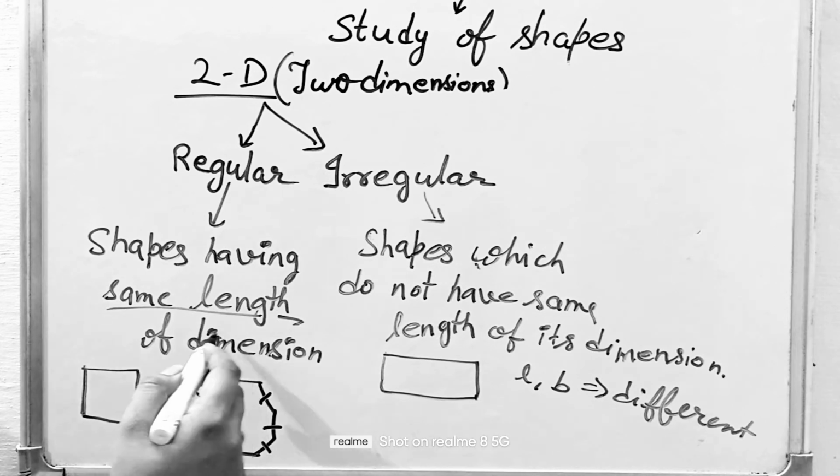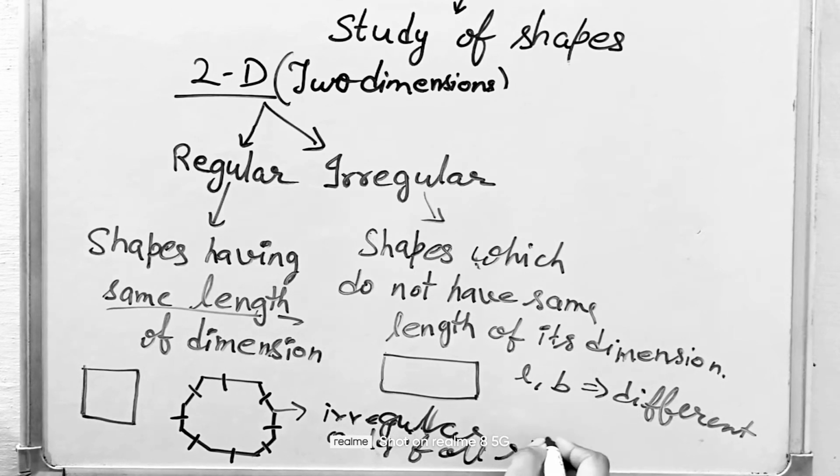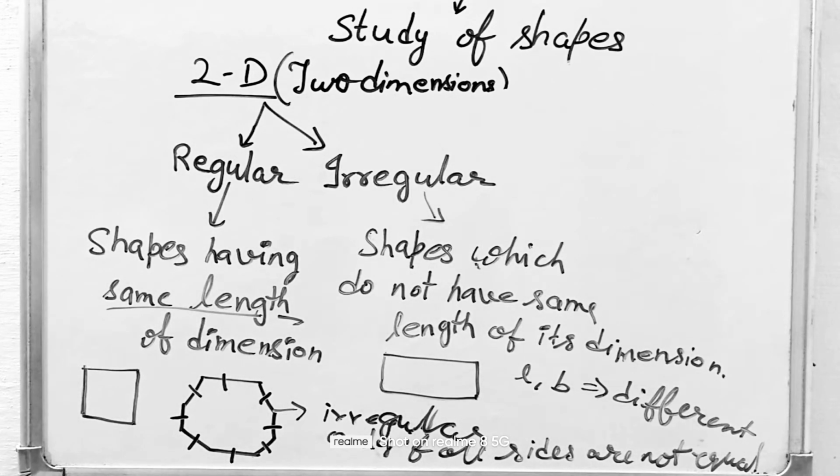But if it is said that this is irregular, that means all sides are not equal in length. Okay, so this is the difference between regular and irregular shapes.